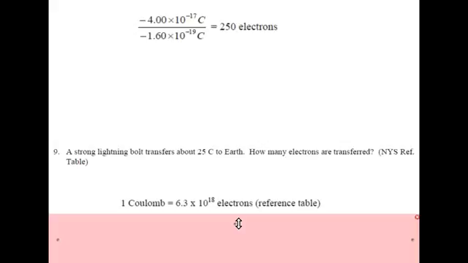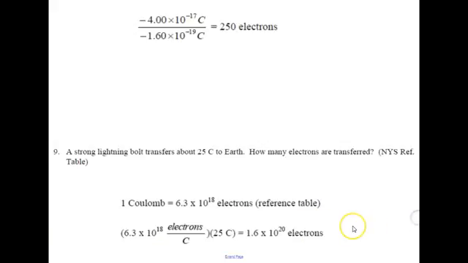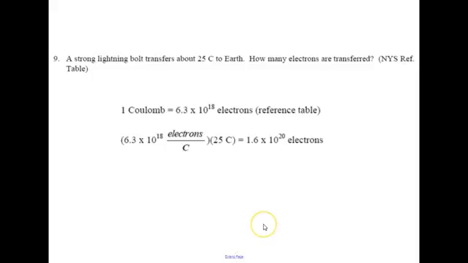In this one, it's how many electrons 1 coulomb is. And again, both these conversions are on the front page of your reference table. So we have that 1 coulomb is 6.3 times 10 to the 18th electrons. If we multiply that by 25 coulombs, coulombs would cancel, and you get 1.6 times 10 to the 20th electrons.